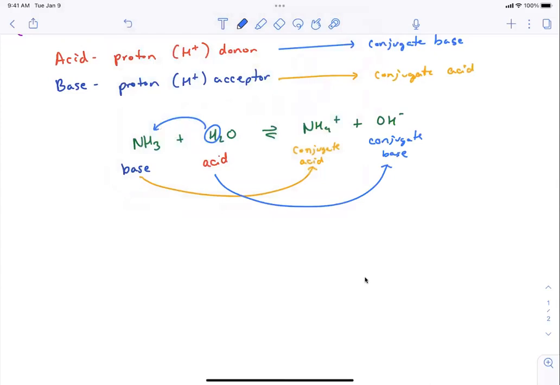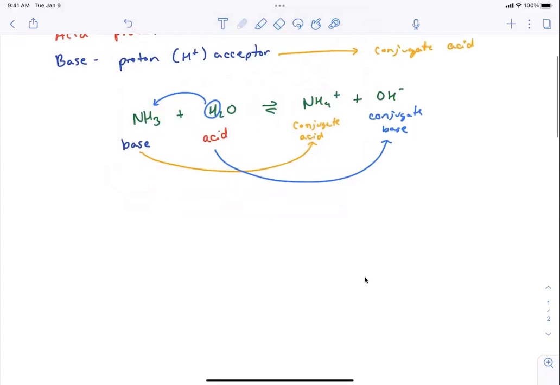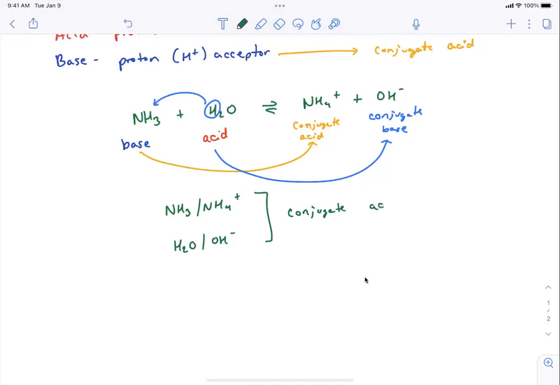Okay. And a conjugate pair should only differ by one H. So you can say that NH3 and NH4 plus is a conjugate pair, and also H2O and OH minus is also a conjugate pair. So both of these are considered conjugate acid-base pairs.